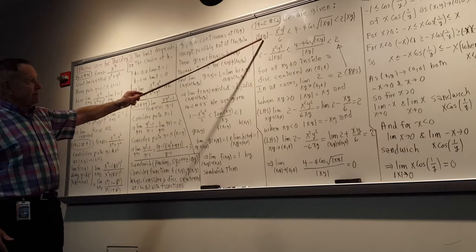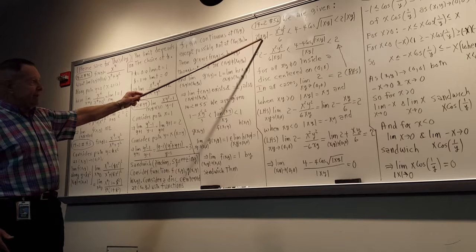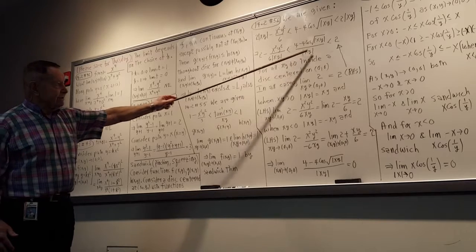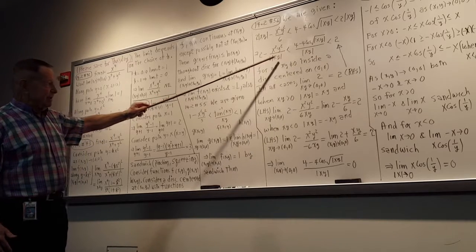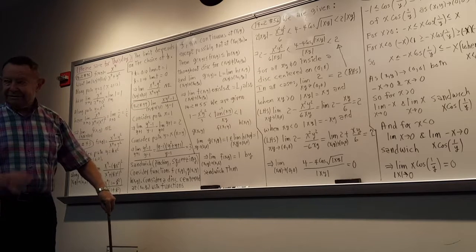So from this inequality, first thing you do is divide by the absolute value of xy, so that you get this one, which would be true certainly as long as xy is not 0.